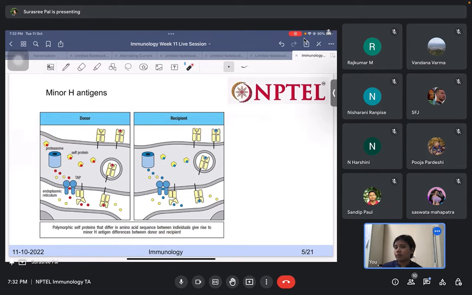Even if the MHC molecules are identical between two individuals, we can still observe an anti-graft response or a rejection of the graft.